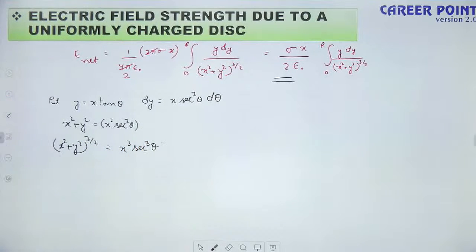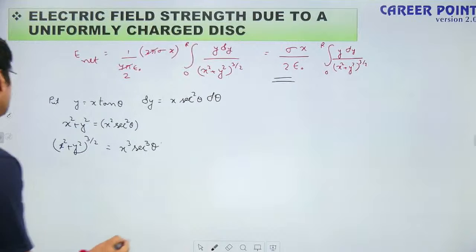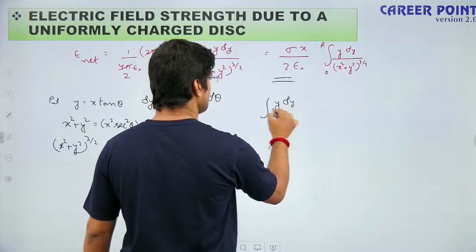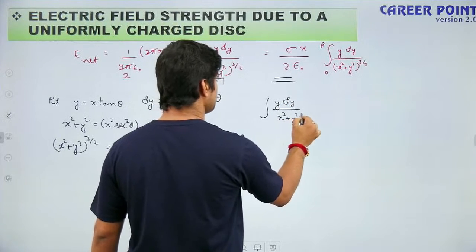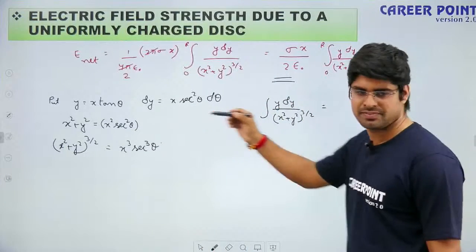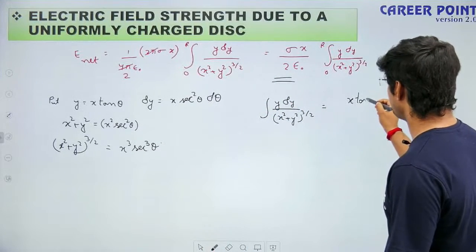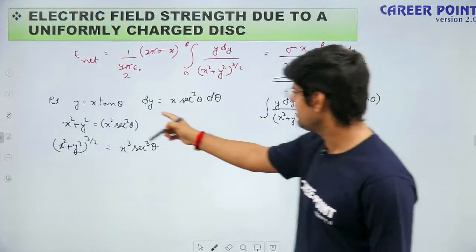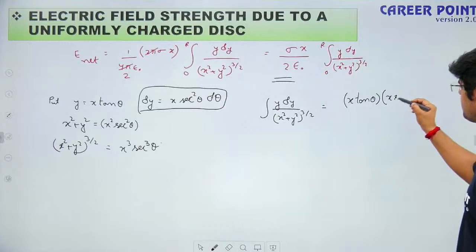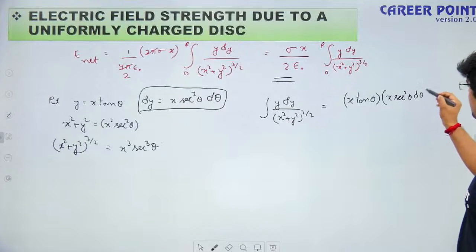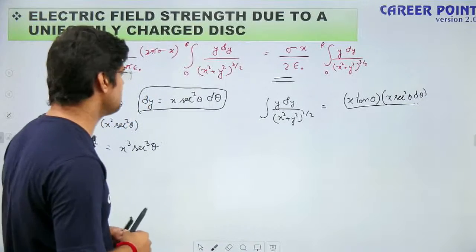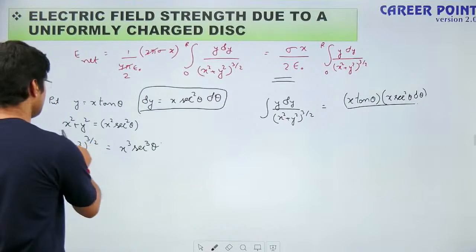So now since I know all the values, let's put them there. Integral of y dy upon x square plus y square raised to power 3 by 2 will actually change to, instead of y, I will put x tan theta, and then instead of dy, what we have calculated, x sec square theta d theta is the value, divided by x square plus y square raised to power 3 by 2.